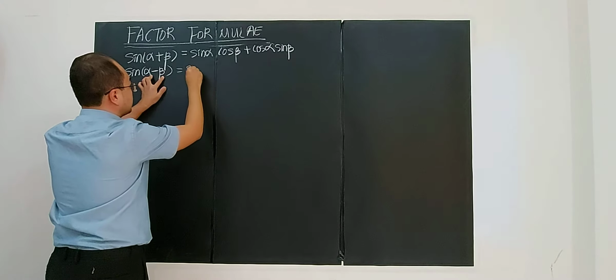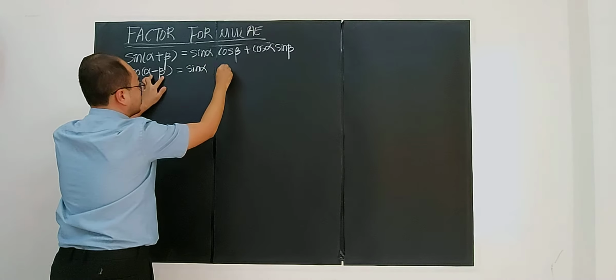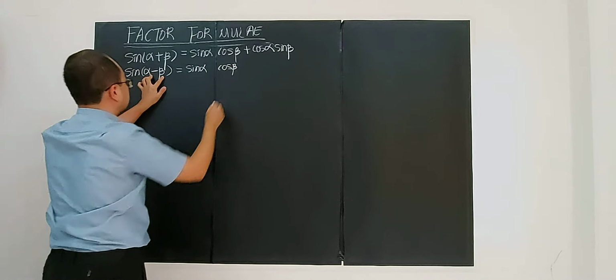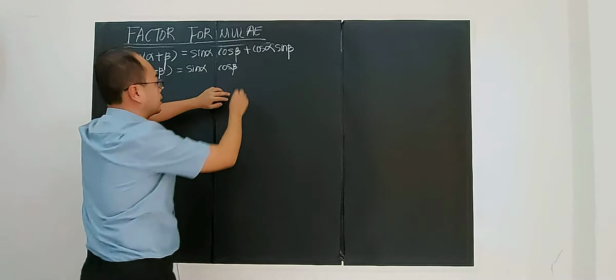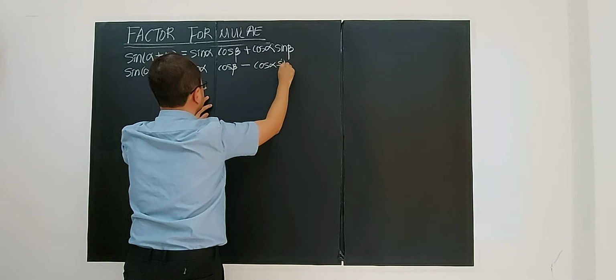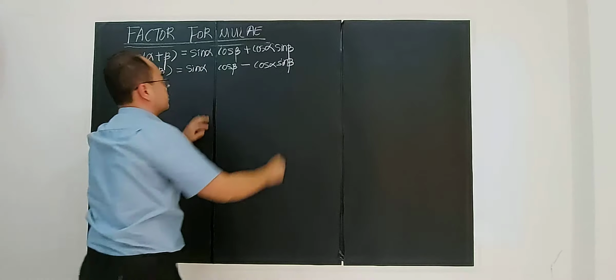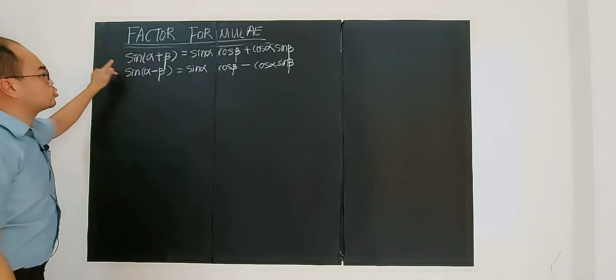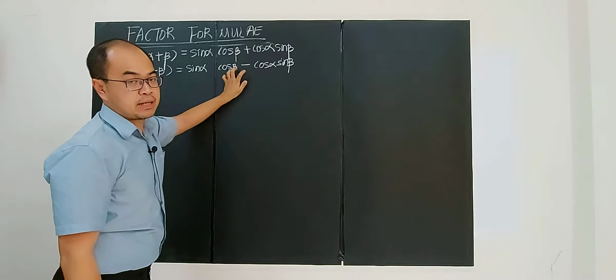It will be the same: sine alpha cos beta, but the sign here will change and become negative, so minus cos alpha sine beta. Right? So the difference between these two is the plus and the minus here.